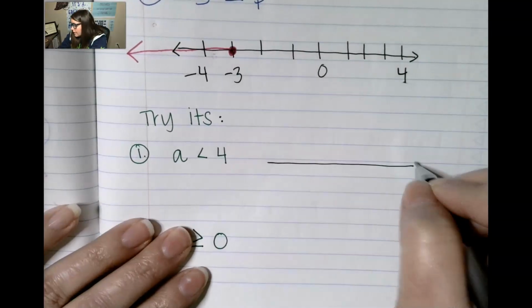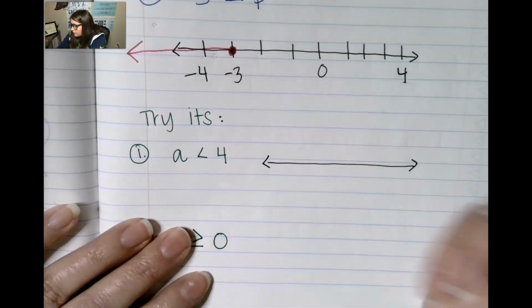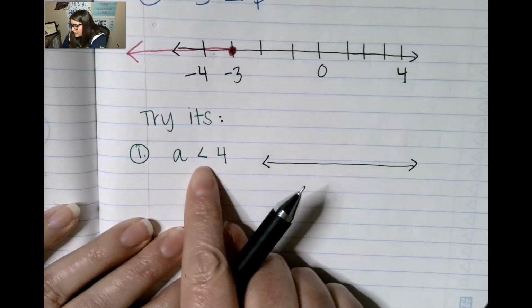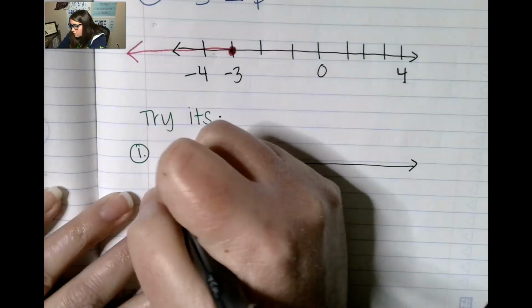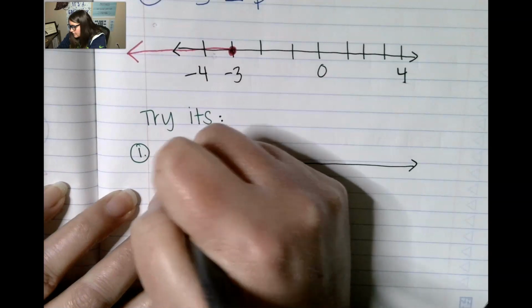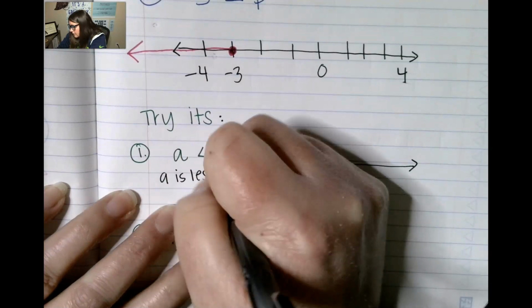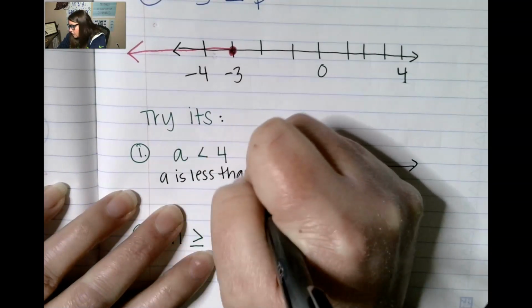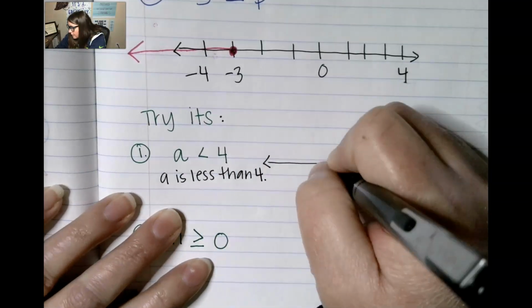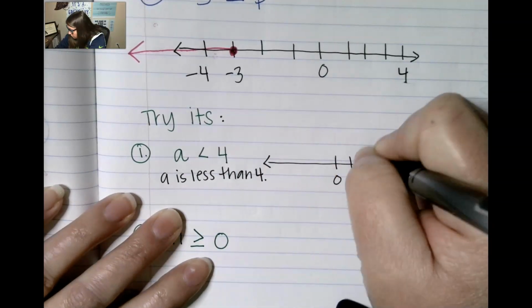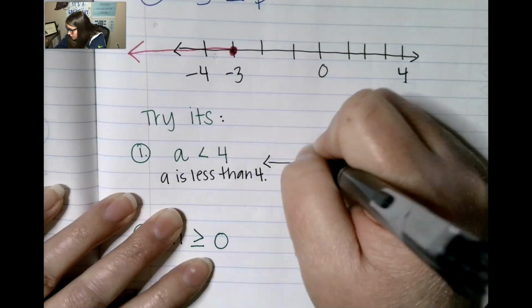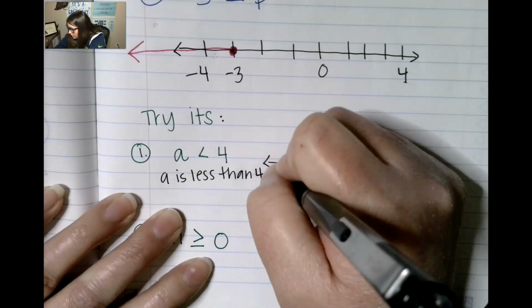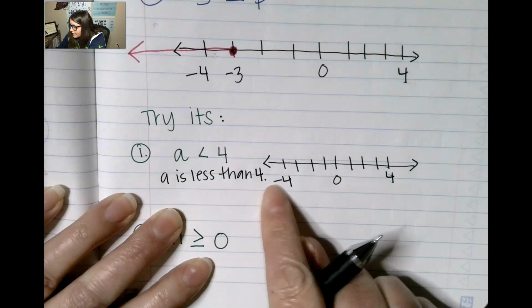All right, so again, we're going to just draw a number line. And A is less than 4. We could even write this A out. A is less than 4. So we're going to use 1, 2, 3, 4. Here's 4. It's less than 4.